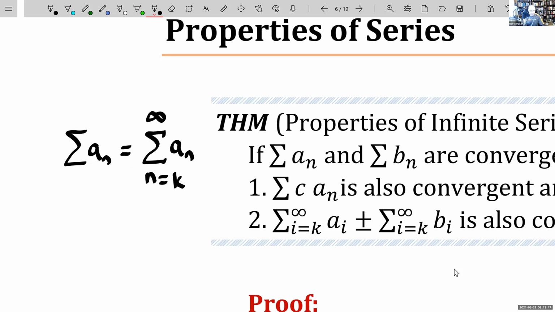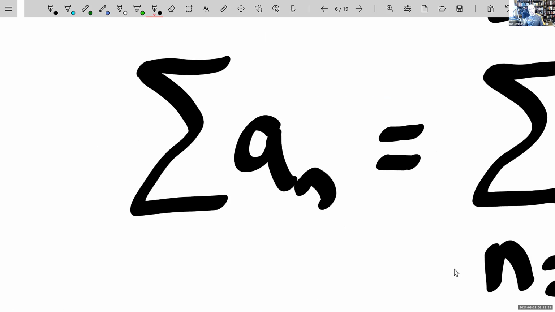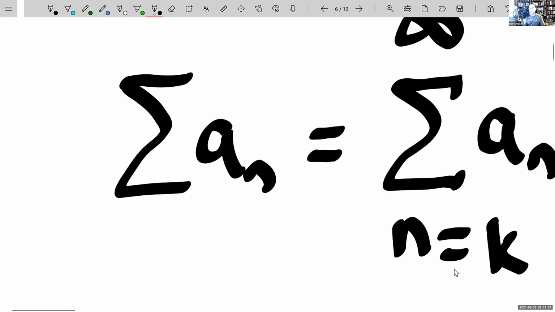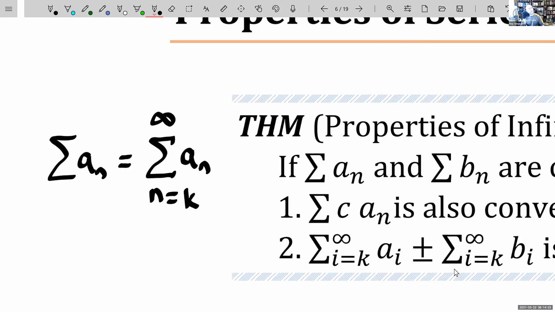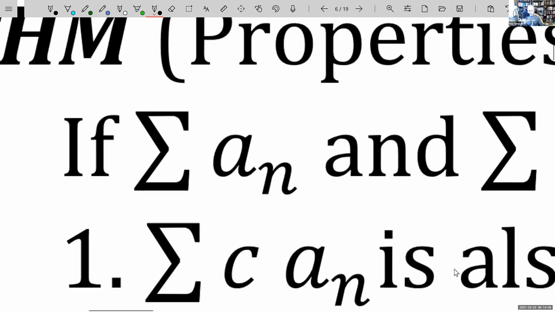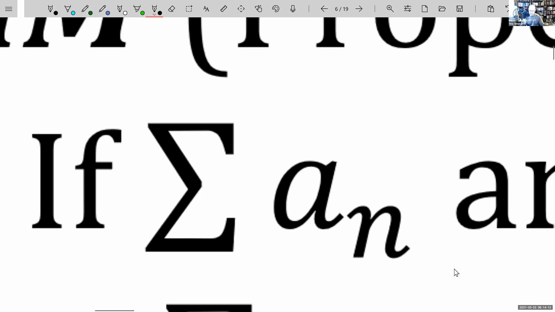So when you see this notation without indices, it's sort of like an indefinite integral where somebody didn't tell you the limits of integration, but the idea is that you're prepping to say that it's going on to infinity. The idea is there. So this just means the infinite sum, a sub n. It could start at 1, it could start at 27, who knows?